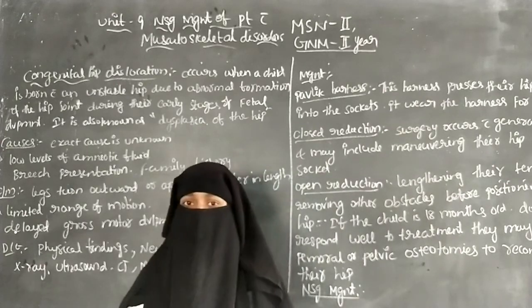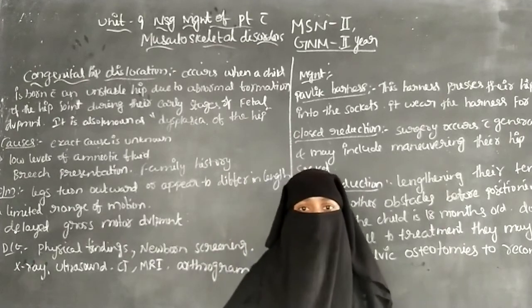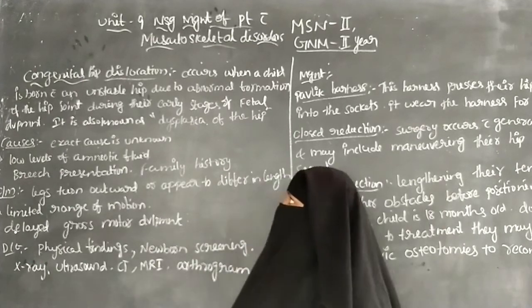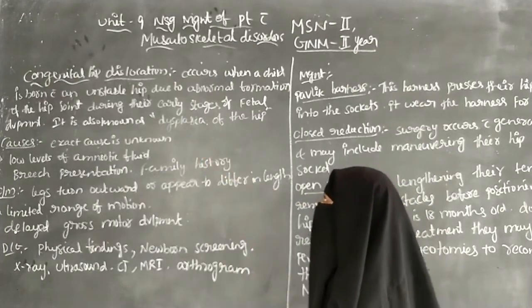During fetal development there is abnormal formation of the hip joint, so it is called congenital hip dislocation, and it is also known as dysplasia of the hip.